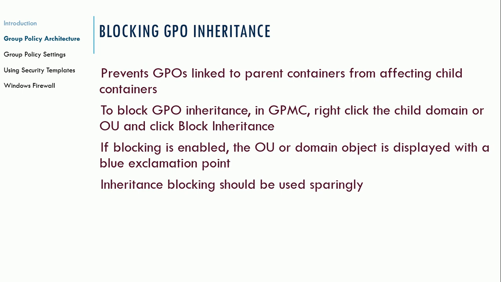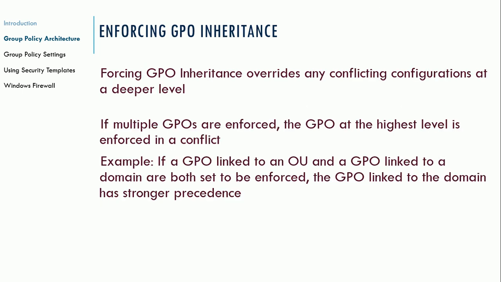It's unusual that you want a setting to apply only to the parent, not to its children. But there are certainly cases, I suppose, where this can happen. Oh, and if you see the last point here, blocking usually implies a flawed OU design. In other words, a lot of times we're using blocking GPO inheritance in order to fix some inherent design flaw in how we designed our group policies.